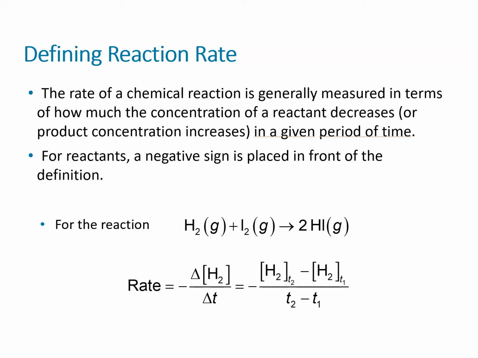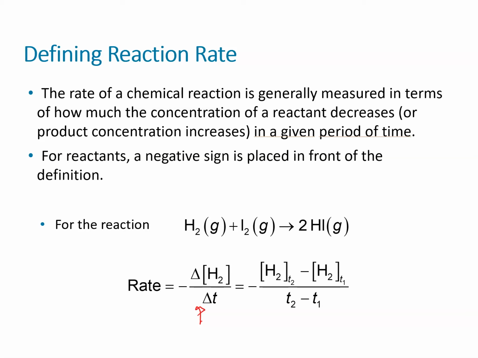So when we look at this rate, the easiest way to view it is to look at these delta signals here, right? So we're going to look at the negative change, delta being change, in the concentration of hydrogen gas over a unit of time.